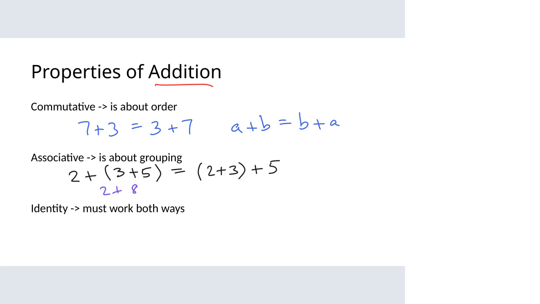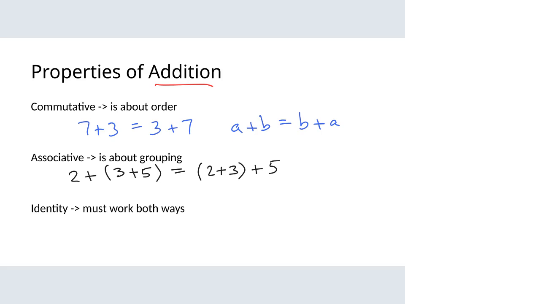So this would be 2 plus 8, which would be 10 on the left-hand side. On the right-hand side, we would do what's in parentheses first. 2 plus 3 is 5, plus 5. Sure enough, that's also 10. So the way we have grouped the numbers doesn't change the fact that they are still equal. 2 plus (3 plus 5) is equal to (2 plus 3) plus 5.